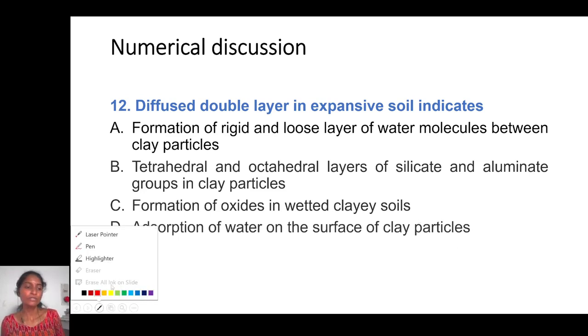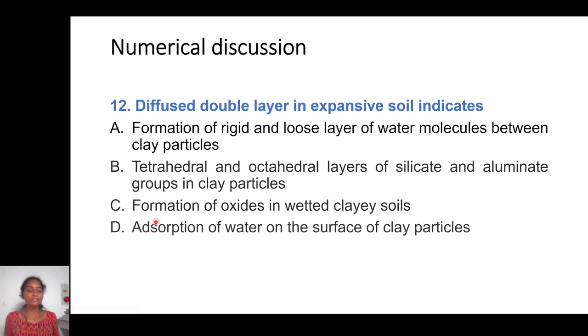So we know that clay has a negative charge on the surface, and on the sides it will have positive charge. When it has the negative on the surface, it tries to attract the positives. Usually water will come, the H plus ions will come and form a rigid and loose layer of water molecules between the clay particles, because of which we call this a diffuse double layer.